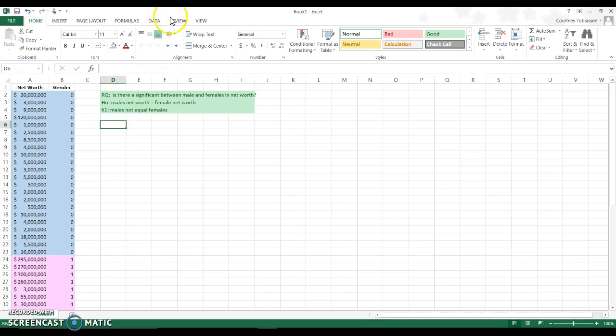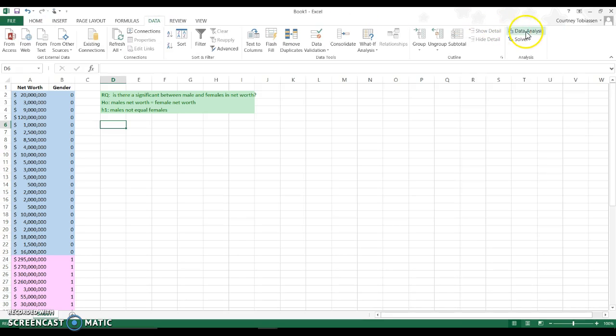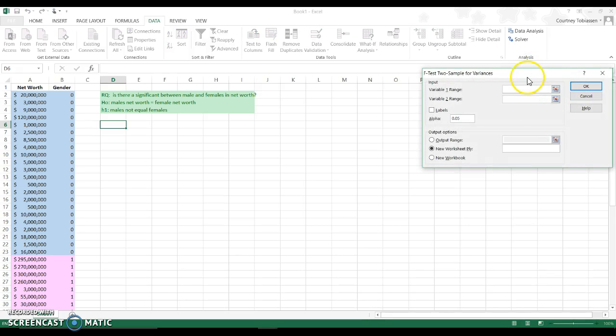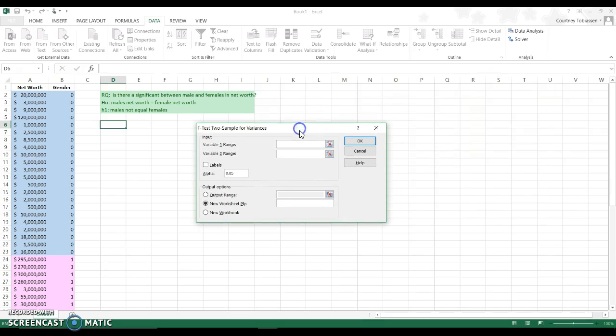Alrighty, step 1, data analysis, and I have to run an F-test. I need to see if my variances for the two are the same. It's asking me for two input ranges. I'm going to highlight not gender, which just tells me which is which.